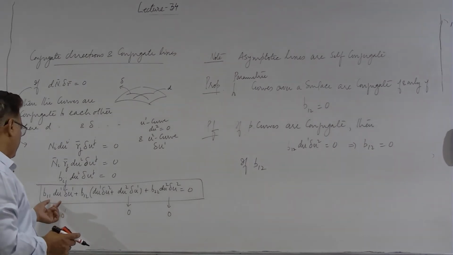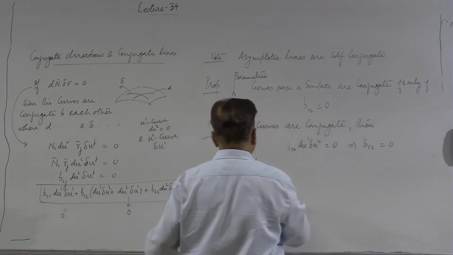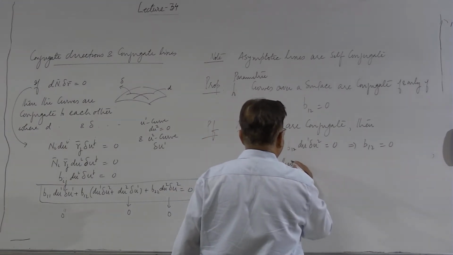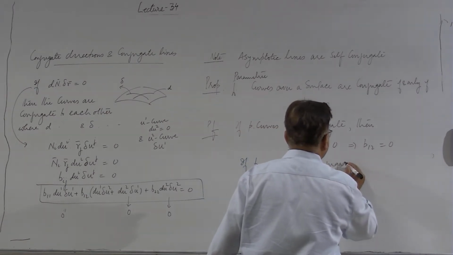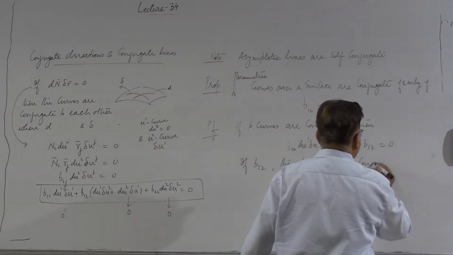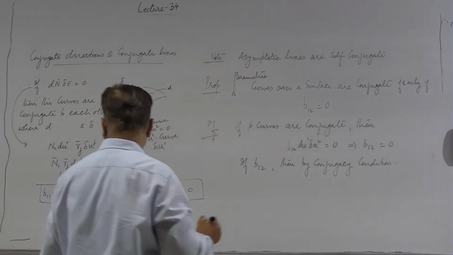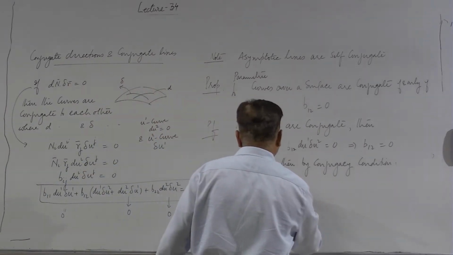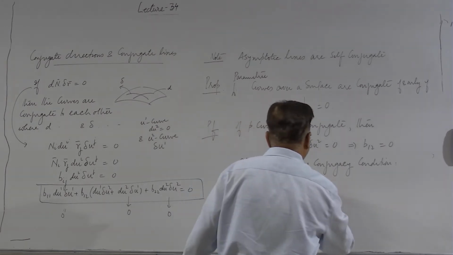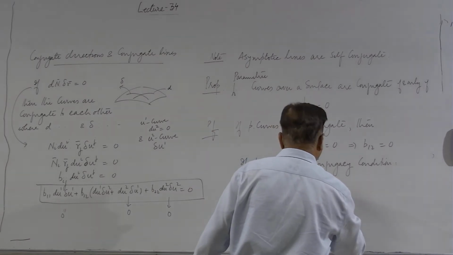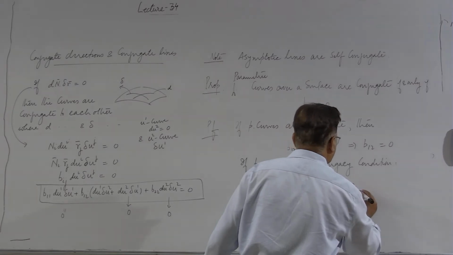By the conjugacy condition, you will be having b11 du1 delta u1 plus b22 du2 delta u2 equal to 0.